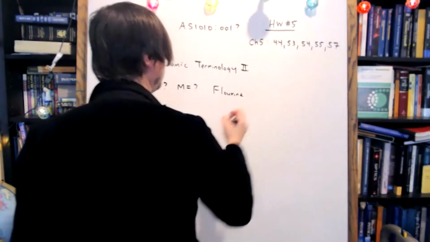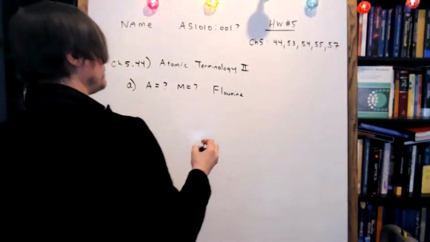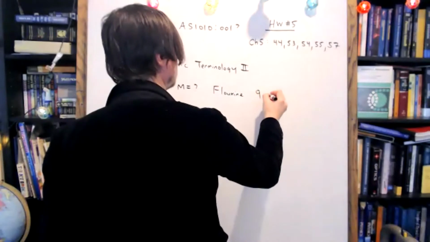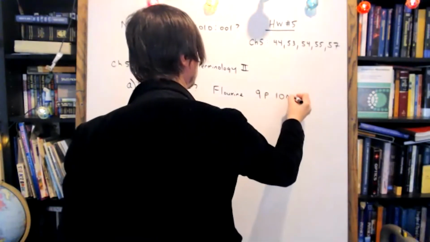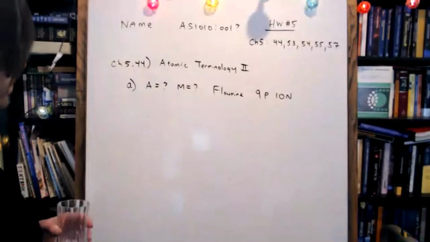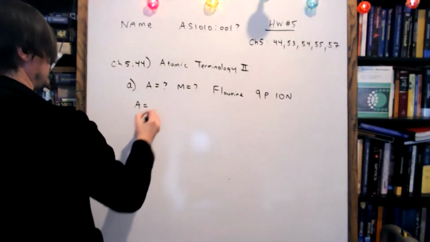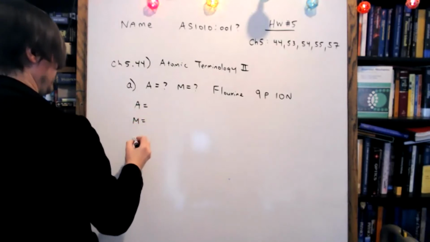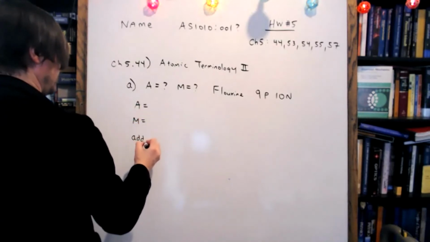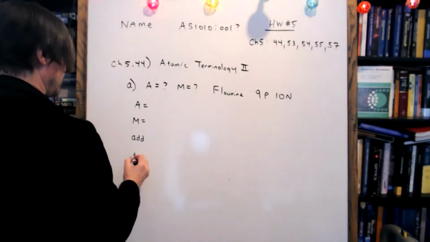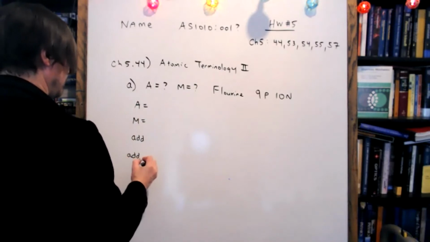What are the atomic number and atomic mass number of a fluorine atom with 9 protons and 10 neutrons? And then this is still part A. If we could add a proton to this fluorine nucleus, would the result still be fluorine? Still part A. What if we added a neutron to the fluorine nucleus? Explain.